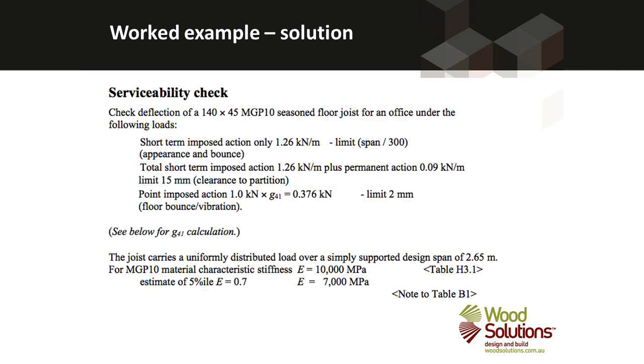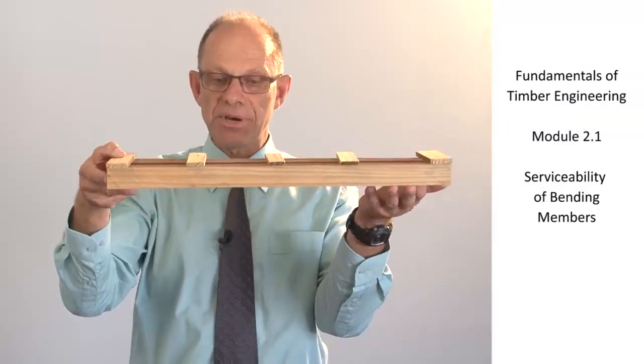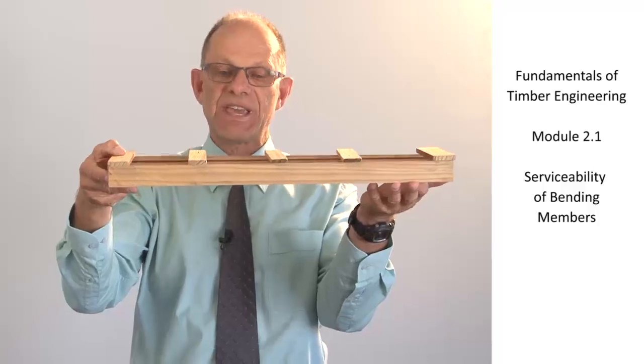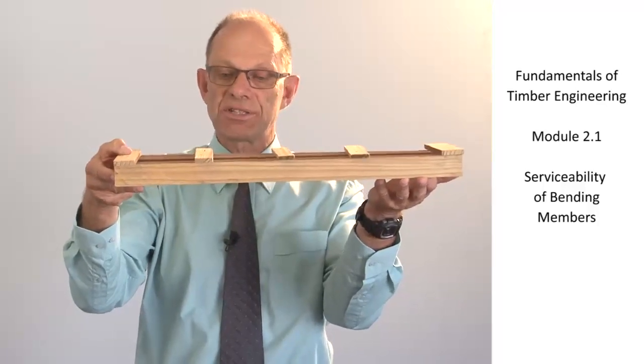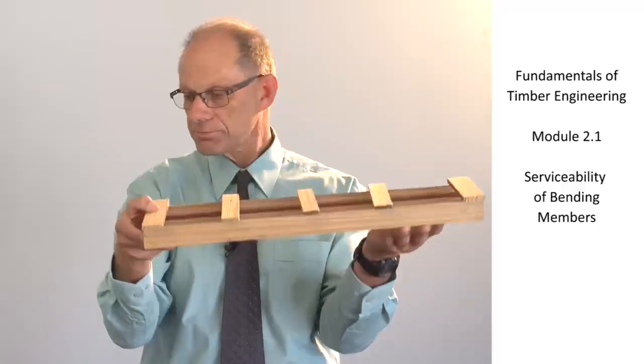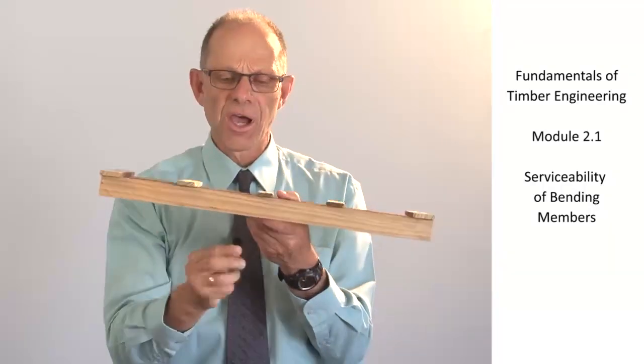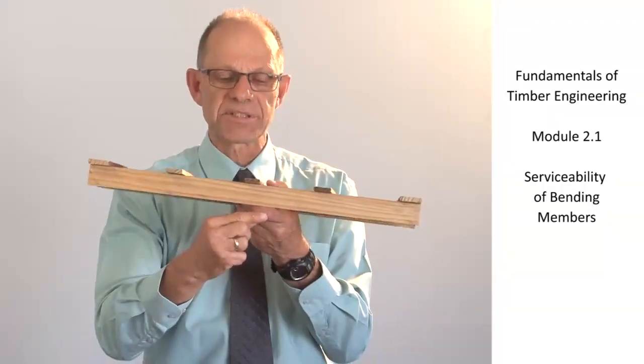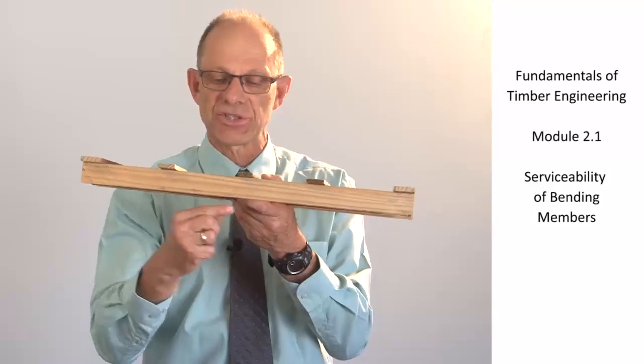In these load cases, we're going to be looking at the deflection of the timber members under the action of imposed loads alone. So as the imposed loads are applied, how much extra deflection is experienced by the floor itself? Then we'll look at the case where underneath one particular floor joist is a partition.